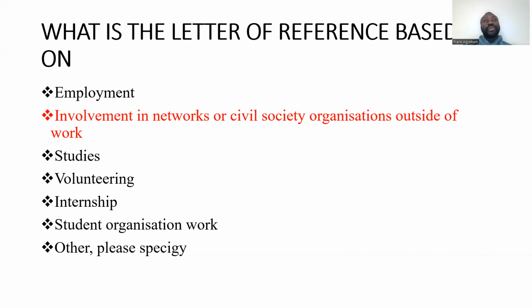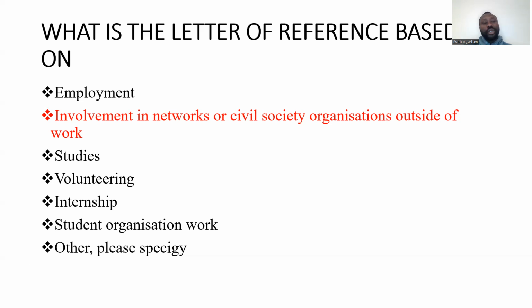Maybe you performed some particular kind of work as a president, as a general secretary, or any other form. Then your letter of reference can also be based on any other, and SI wants you to specify which reference is based on. All these options are in the letter of reference form.